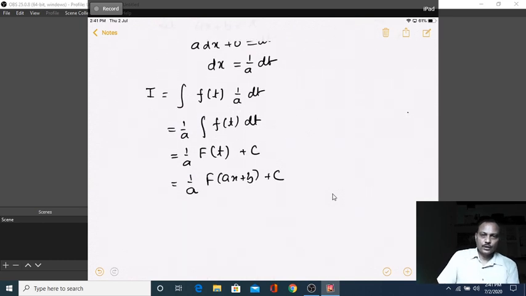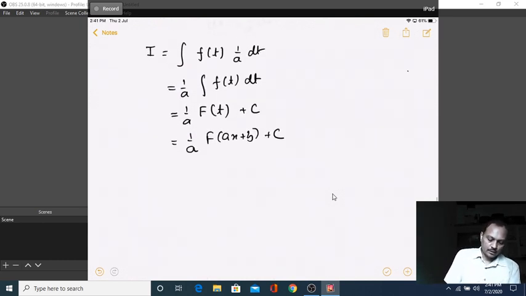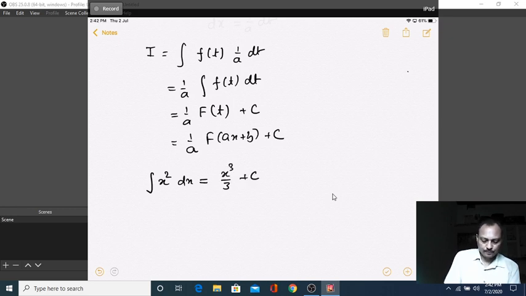Now, how can we use this formula? Just like we have integration of x square dx, that is x cube upon 3 plus c, you know very well. But if in the question it is given ax plus b whole square, find the integration.